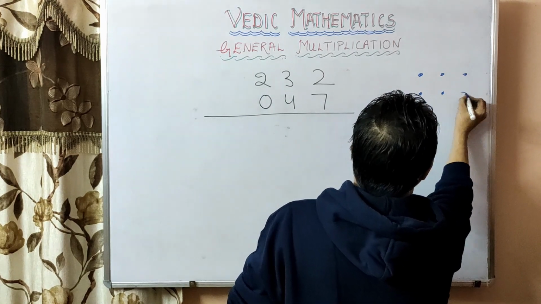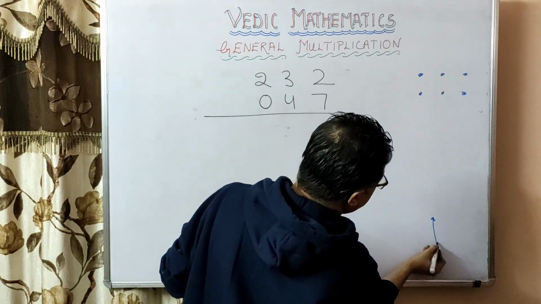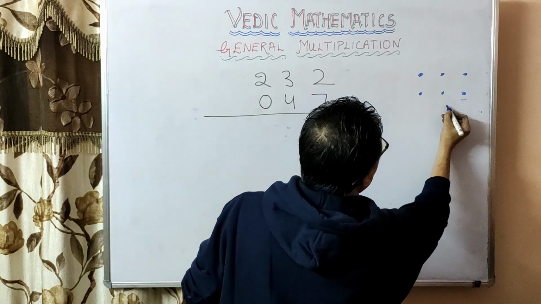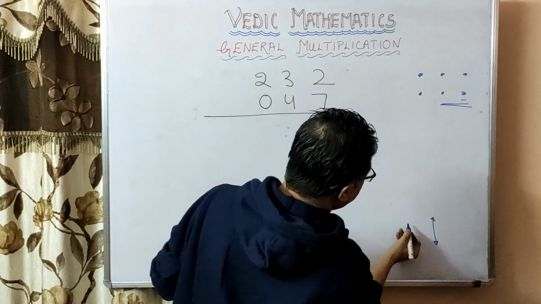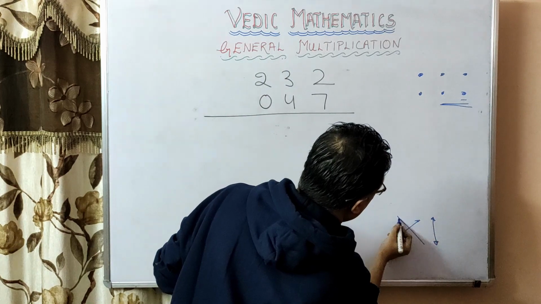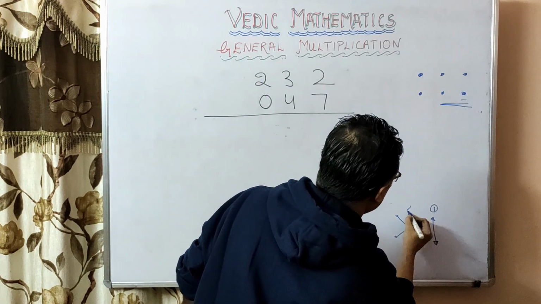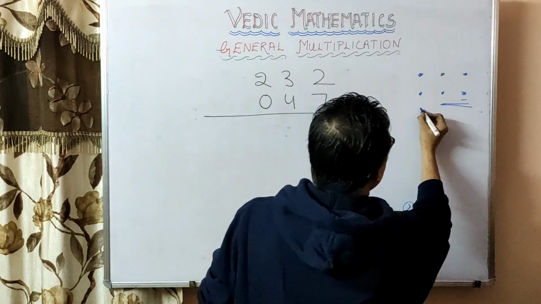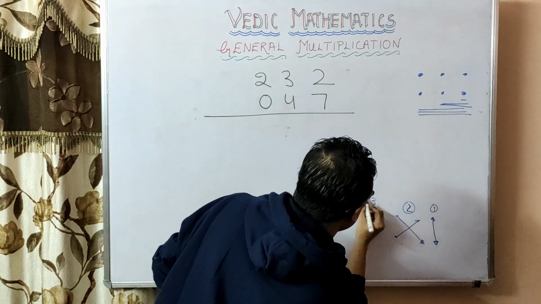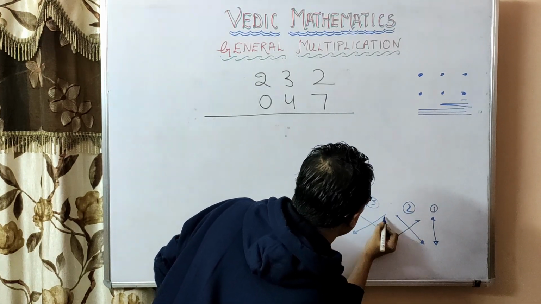And the path is this. First, we'll consider this only. Then we consider these. So this will be the second step. Then we consider all 3. So in the third step, we'll consider all 3. So this will become my third step.